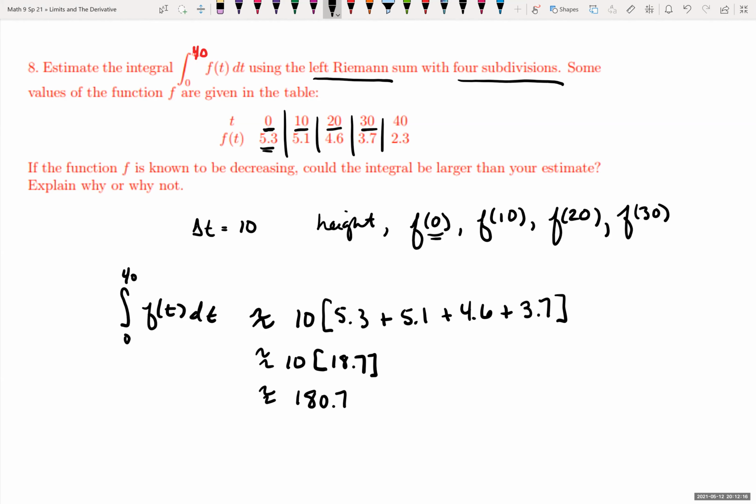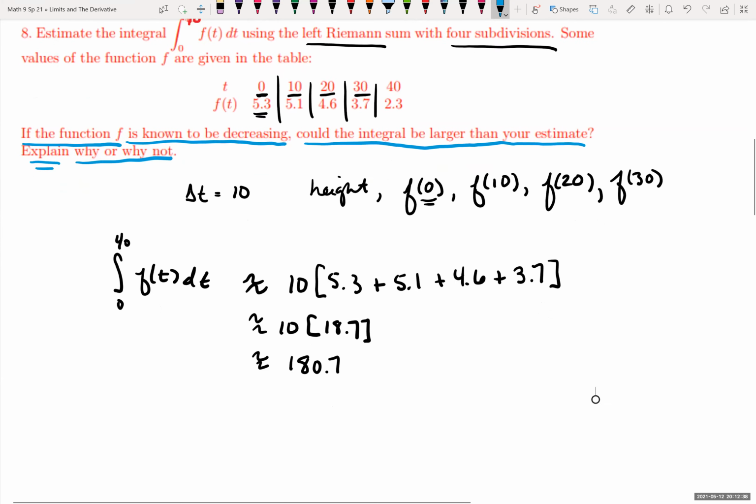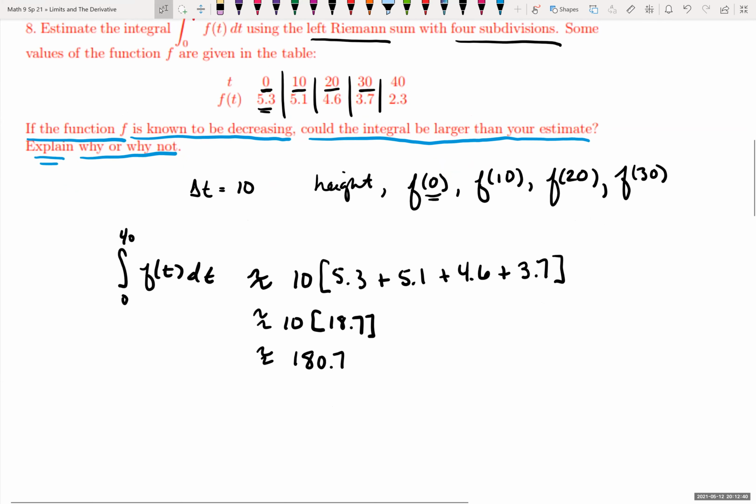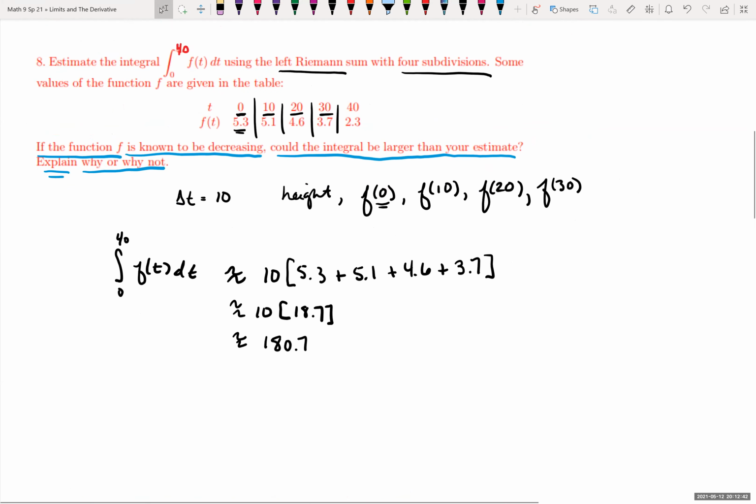Okay, so we found the approximate area under that with left endpoints. It tells me that if the function f is known to be decreasing, could the integral be larger than your estimate? And we want to explain why or why not. Let's think about this. This is strictly decreasing. So let's just think about a decreasing function in here.